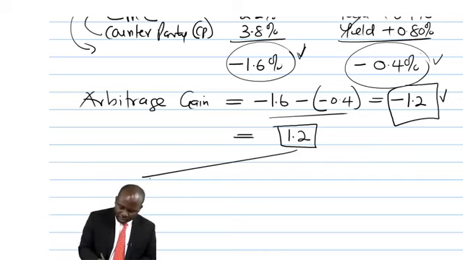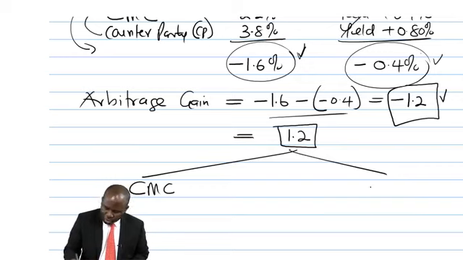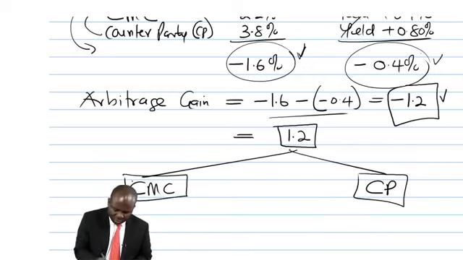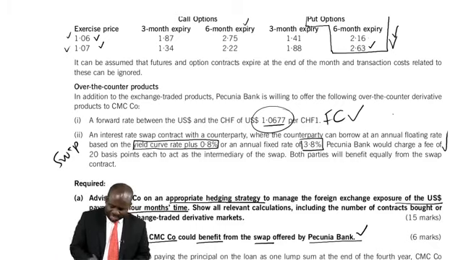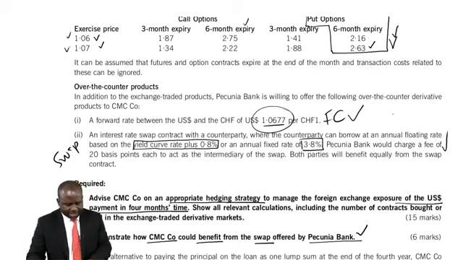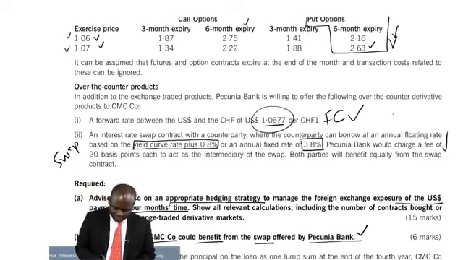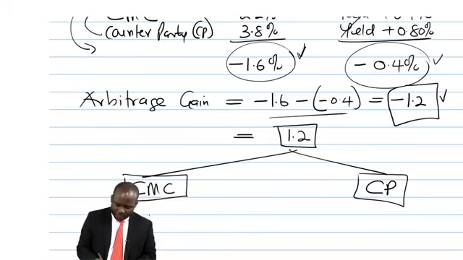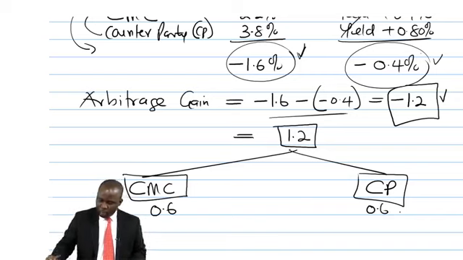So how much of this will go to CMC and how much of that will go to our counterparty? Okay, so let's go and ask the question. The question is telling us that both parties will benefit equally from the swap. So if both parties will benefit equally from the swap, then here we'll get 0.6. This will also get 0.6.